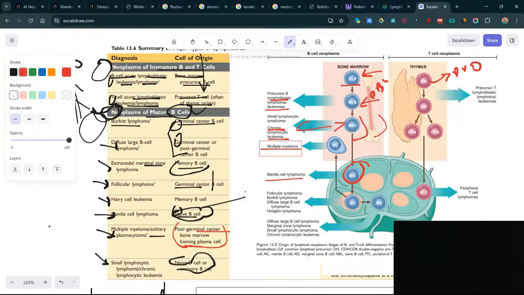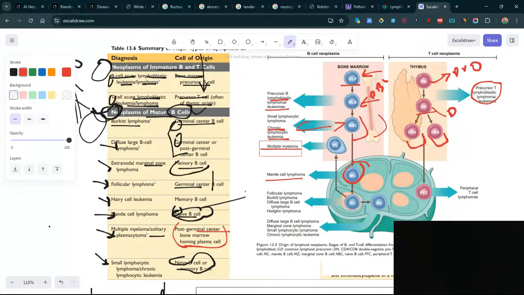DP is double positive pre T cell. These are double positive pre T cells. And then yeah, this is the precursor.